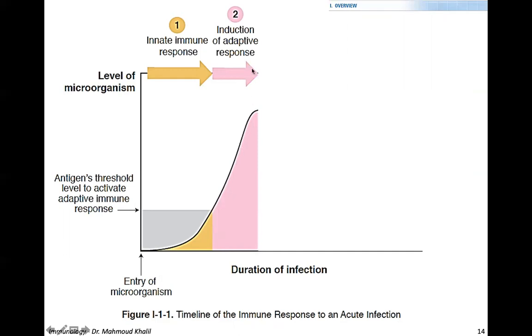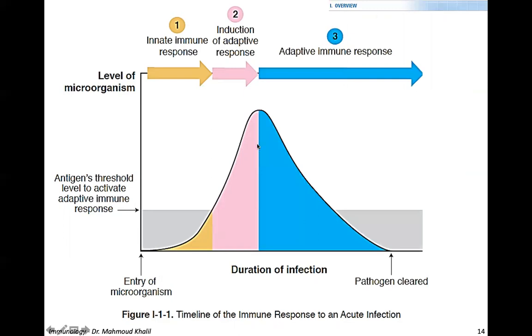Once the adaptive immune response reaches its peak, the level of the microorganism will start decreasing until reaching pathogen clearance, when all the microorganisms have been cleared from your body.